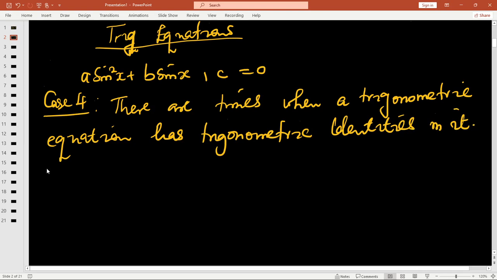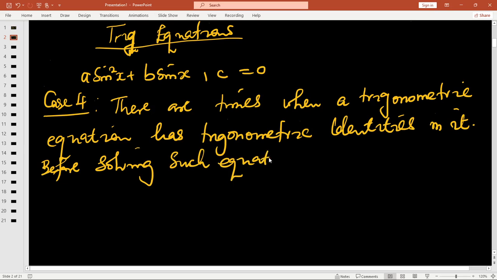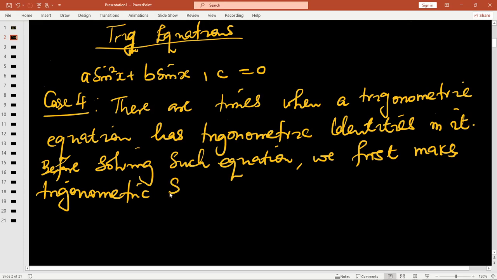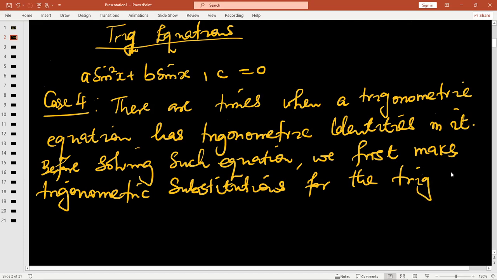So before solving such equations, we first make trigonometric substitutions for the trig identities that we have there.